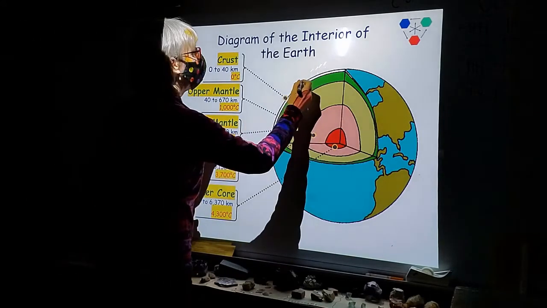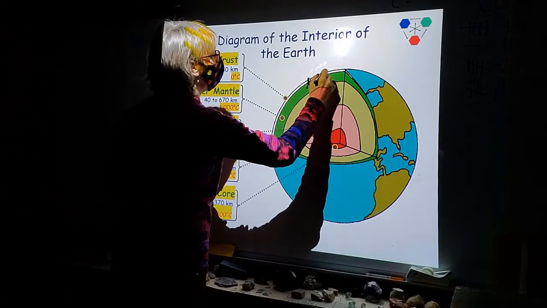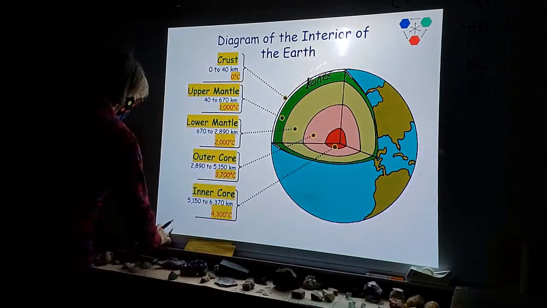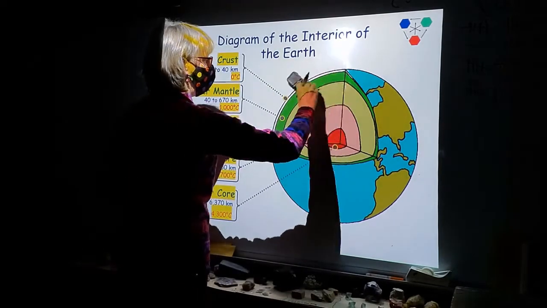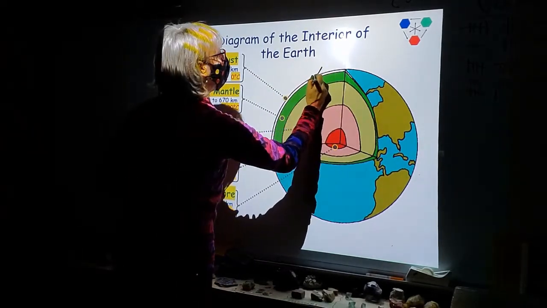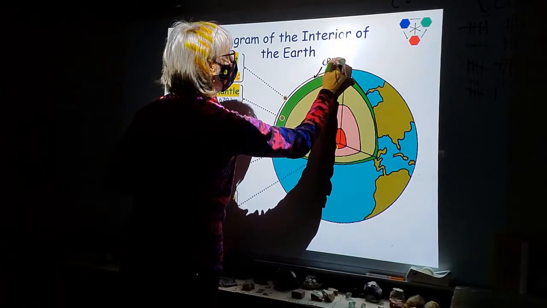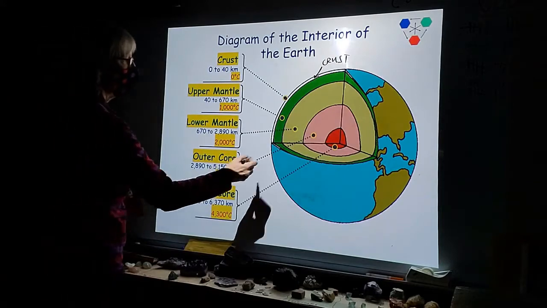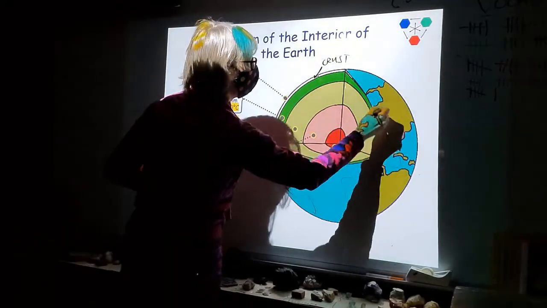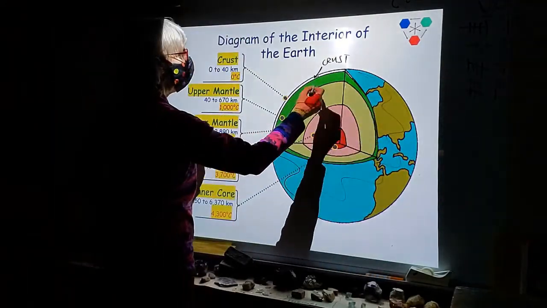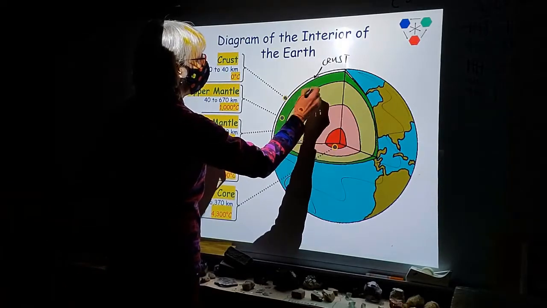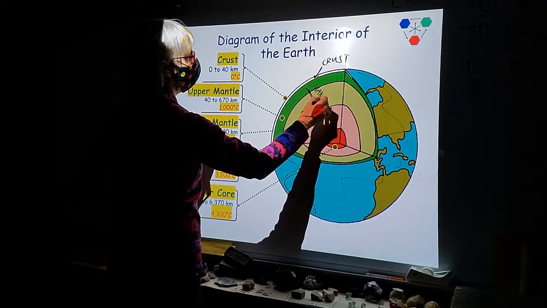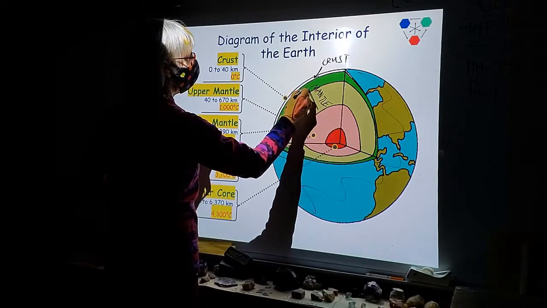I want these 2 layers right here green. This is your crust. This right here, this outer layer, is your crust. This whole area as well is going to be crust, okay? Then these 2 layers right here are going to be your mantle, your upper mantle and lower mantle.